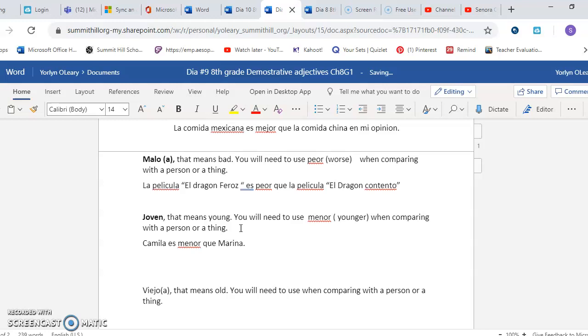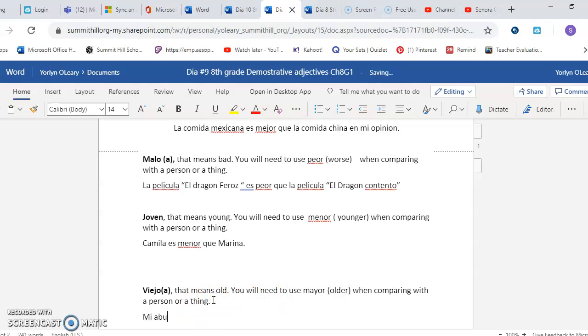Okay? The next one will be viejo o vieja. That means old. And you will need to use it when comparing a person or a thing. Instead of viejo, vieja, viejos or viejas, you're going to use older, which is mayor. And mayor means older. Okay? When comparing a person or a thing.